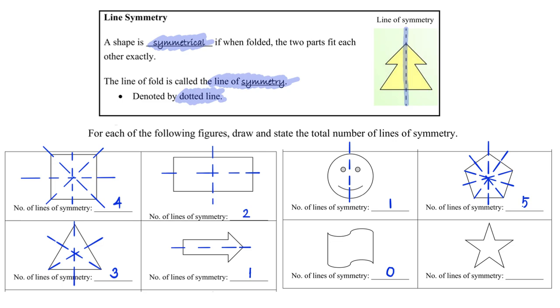We could actually cut it in half 5 times by looking at the vertices or the points. So in this case 1, 2, 3, 4, and the last one would be 5.